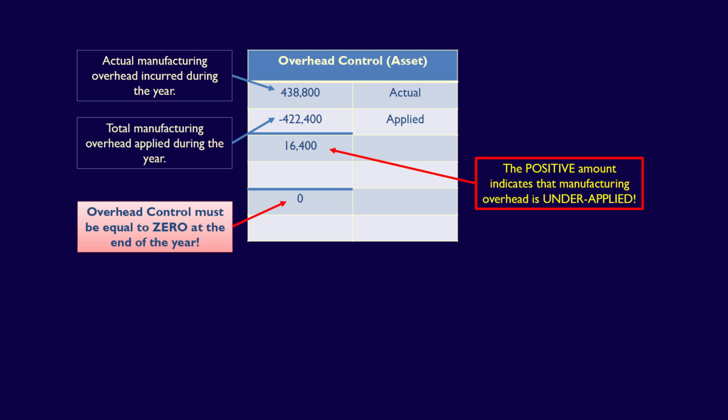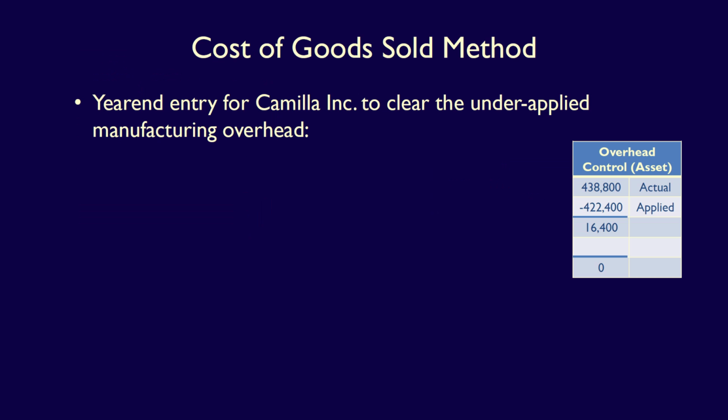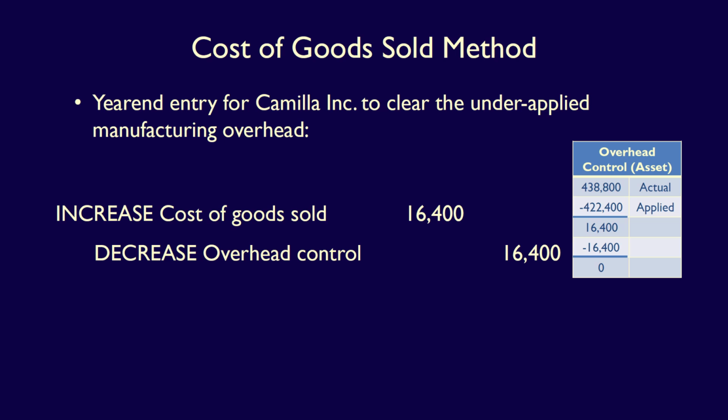We need an entry that will reduce the overhead control account to 0. Since we have a positive balance, we have to reduce the account by the same amount, $16,400. What would be the year-end entry to clear the underapplied manufacturing overhead? It would be to increase the cost of goods sold by $16,400 and decrease the overhead control account by the same amount. You can see that the overhead control account would now have a 0 balance.